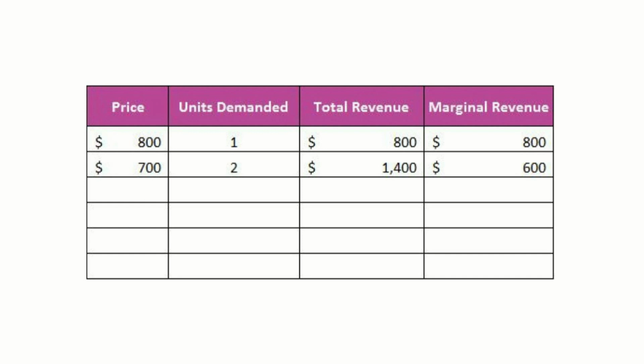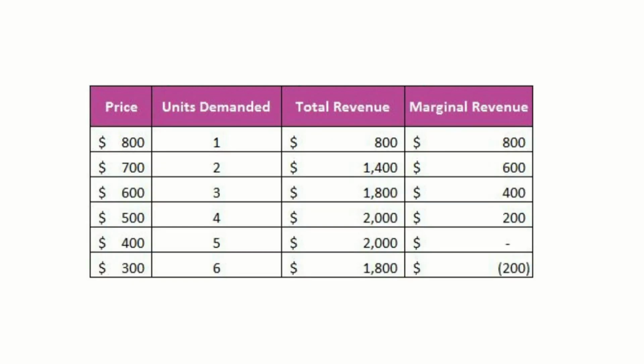The marginal revenue from selling the second iGog equals $600, or the difference between $1,400 and $800. Note that the marginal revenue of $600 is less than the price of $700. This is because both of the iGogs were sold at the lower price. Now, when our table is completed, it looks like this.